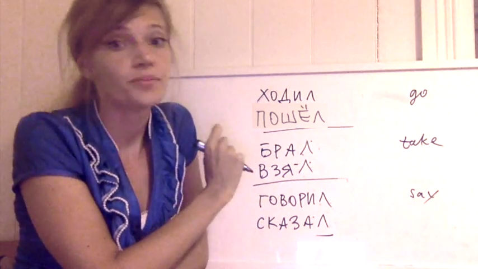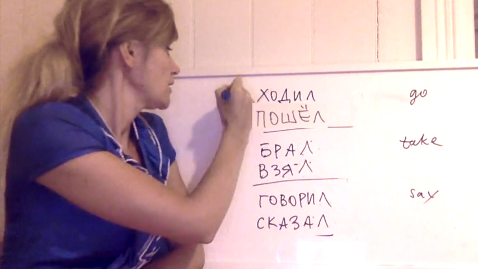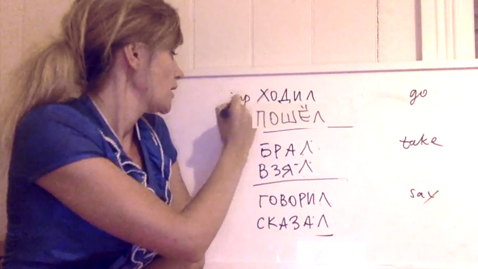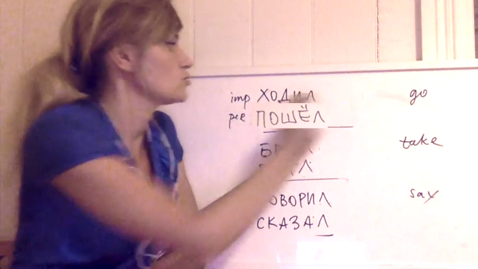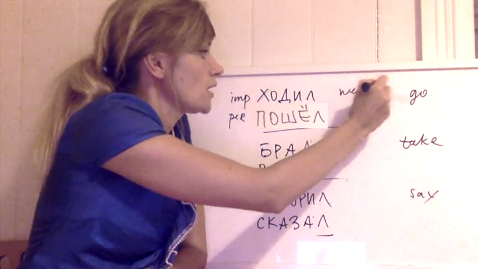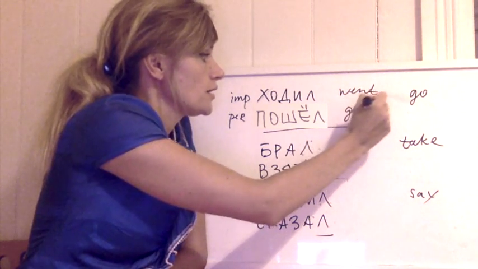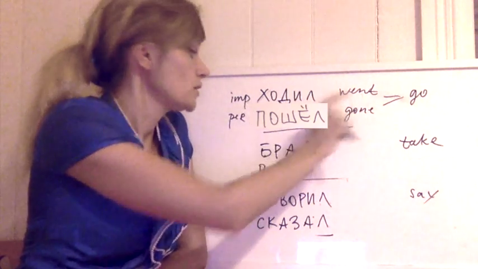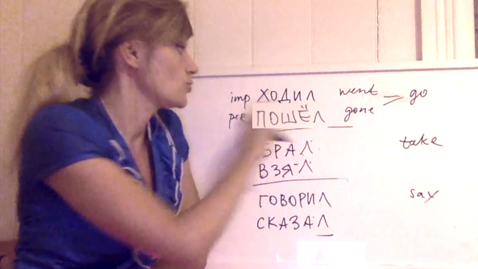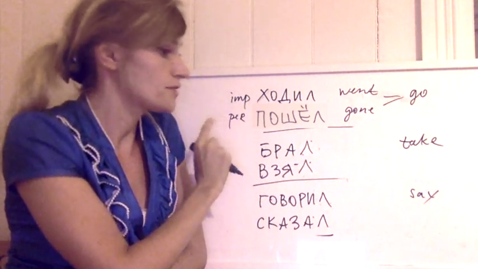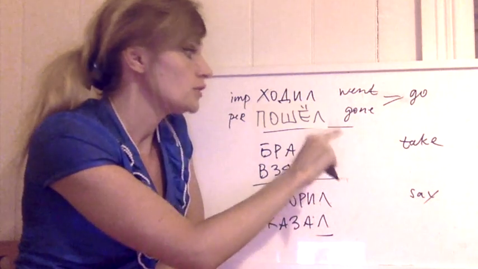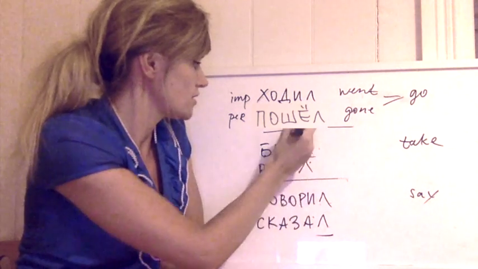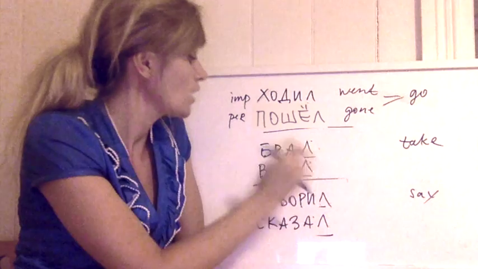Sometimes the same verb can be different in imperfective form and perfective. It's the same like you say went and gone. It's the same verb go, but in imperfective it's went and in perfective it's gone. So the same, we have the same verbs in Russian. Брал, he was taking. So you notice that it's all masculine gender here, right?